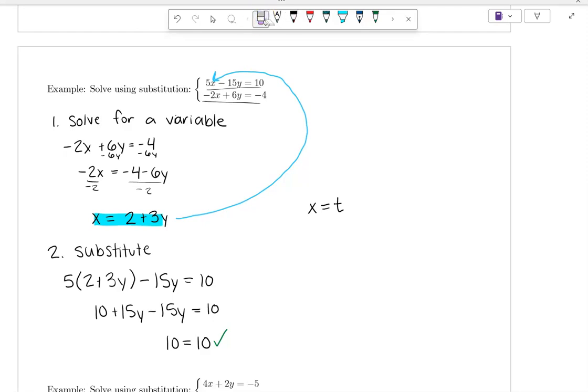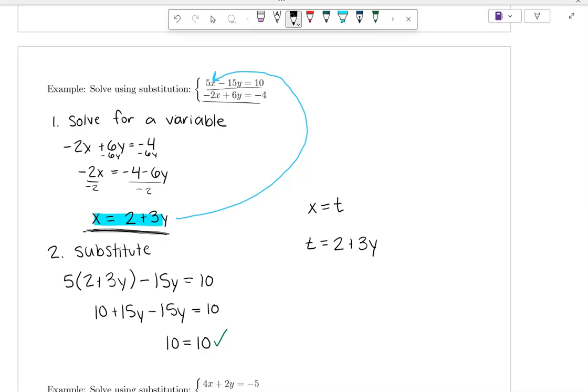And then we can take what we found. So then we're going to take this right here and plug in t for x. So x is equal to t, and then we'll get t is equal to 2 plus 3y.